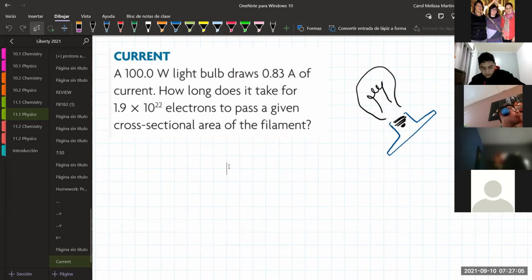And when it is on, it's because the filament is shining, and that is what allows us to see the light or the brightness of the light bulb. But in the end, those are just electrons, millions of electrons passing through the filament, and they do it very fast, in fractions of seconds.